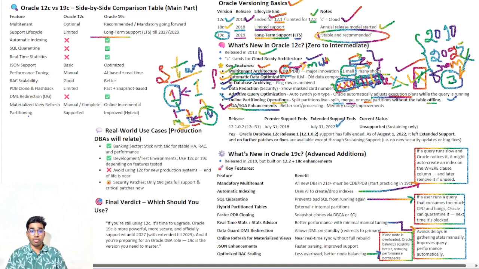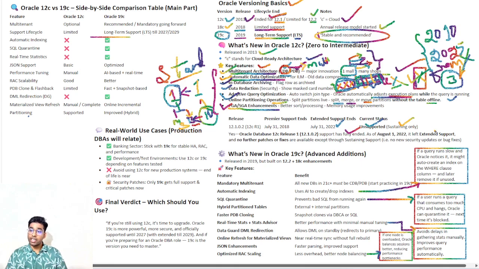These are the features of Oracle 12c. Regarding support, 12c release 1 support ended in 2018, and on July 31st, 2022, extended support also ended. It is just sustaining, but it is not supported by Oracle support. Support has fully ended from August 1st, 2022.